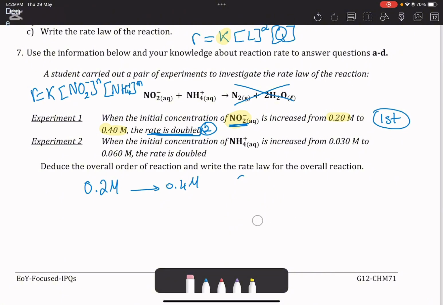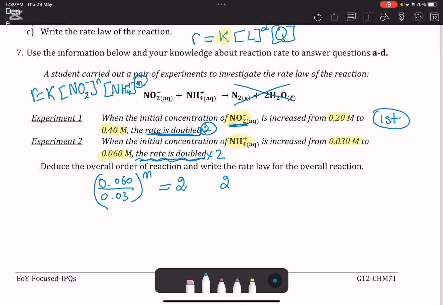Now, again, let's see the second experiment. It says, when the initial concentration of NH4 plus is increased from 0.03 to 0.06, that's also, again, we're doubling the concentration of NH4 plus. Or if you're not good with numbers, you can divide the larger number by the smaller number raised to the power, or to the order, of NH4 plus. Then continuing the sentence, they said the rate doubled. So 2 to the power of M equal to 2, therefore, also it is first order with respect to NH4 plus.